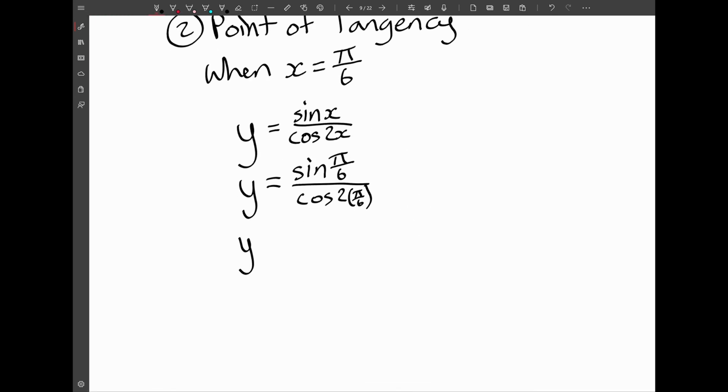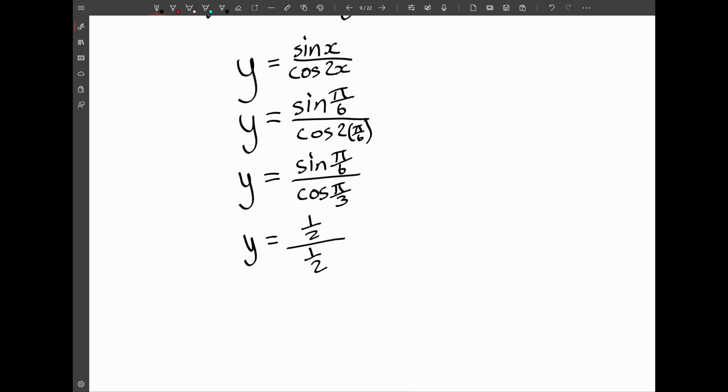Which means that this is y is equal to sine of pi over 6 is just, well, I'll do one more step. I think you can probably see this one by now. It's cos of pi over 3. But that gives me 1/2 all over 1/2. Sine of pi over 6 is 1/2. Cos of pi over 3 is 1/2. And obviously that is 1. So our y value is 1.